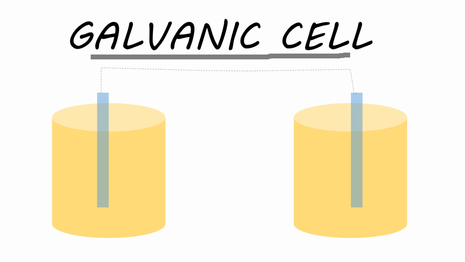But in the electrolytic cell, the oxidation stands for the cathode. Here the loss of electrons is done by the zinc. That's why this terminal is termed as the anode, while this other terminal is termed as the cathode.